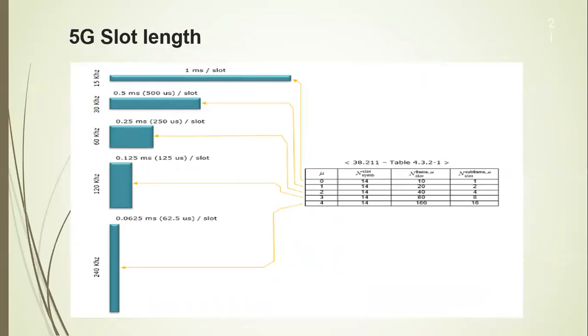Actually, you will get a doubt why we need these kind of numerologies, why we need 5 types of subcarrier spacings in 5G. The reason is 5G operates at low frequencies, that is sub 6 gigahertz range, and millimeter wave range, very high frequencies, which are beyond 23 gigahertz range. So when we are operating at high frequencies, the signal is not tolerable for the fading.